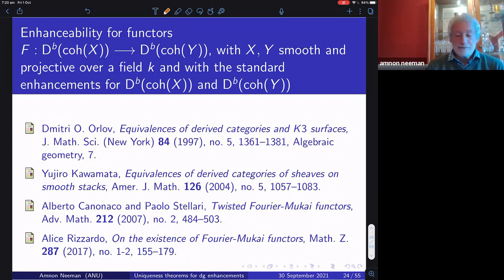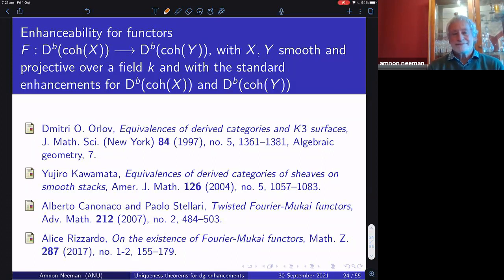Now, I'm going to stop being chronological and just say what is known about Fourier-Mukai functors. So Orlov's theorem led to a great deal of development, and let me just mention a few of the results. Orlov's theorem was about smooth projective varieties over a field K. Kawamata generalized it to stacks in the early 2000s. Canonaco and Stellari in 2007 gave a generalization which didn't assume that it was an equivalence.